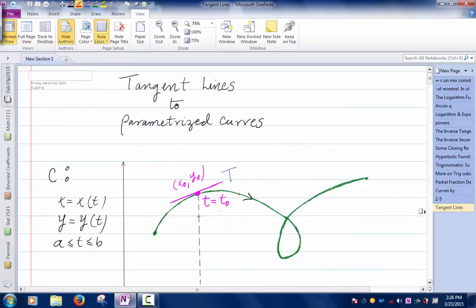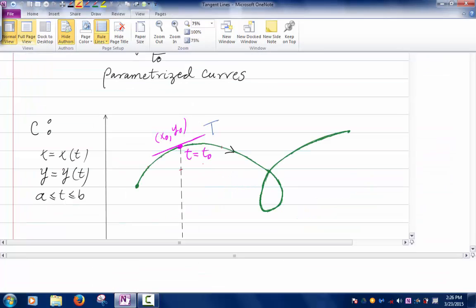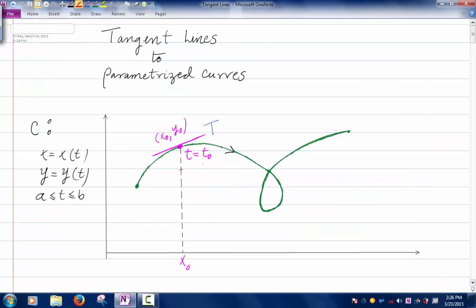to this new section, 10.2. Okay. The problem that I want to address today is, suppose that I have a curve, and the x coordinate of the curve is given by x of t.